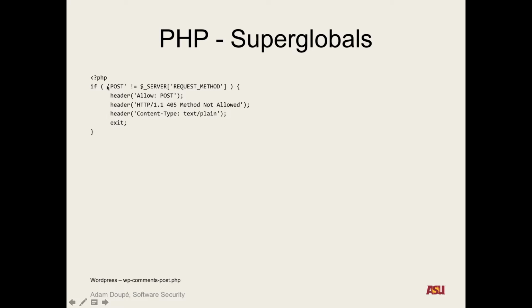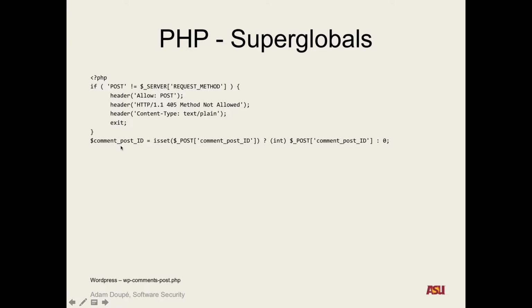So for instance here, in this WP comments post, if the request method is not a POST, then it's going to tell you, hey, I only allow POST, and the HTTP response code is going to be 405, and it's going to exit and stop processing.